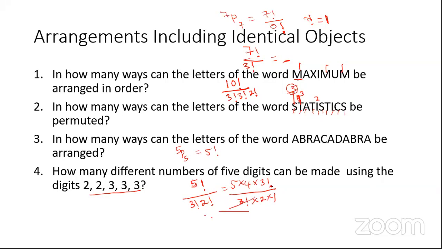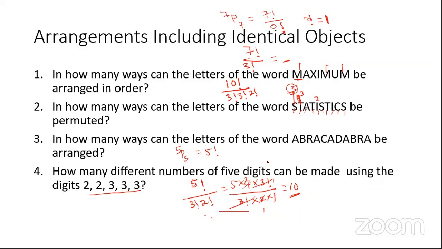We cancel the 3 factorial, and 2 cancels with 2, so 5 times 2 is 10. It means we can have 10 different numbers. So that is how you can do that too.